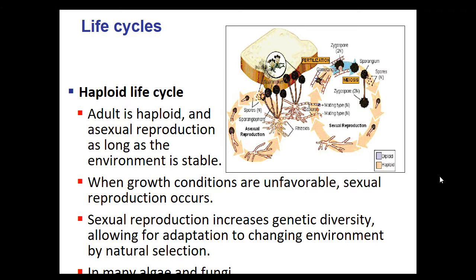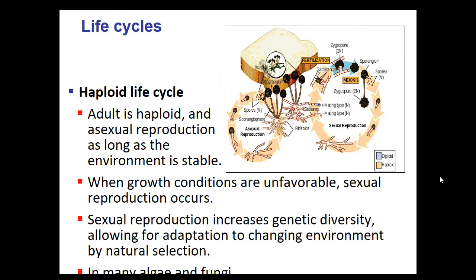But if the environmental conditions change, start to get warmer or colder or drier or wetter, so that it's no longer favorable for that kind of organism, then it might switch to sexual reproduction. Because with sexual reproduction, there'll be a recombining, a combining of genes from the mother and the father, so that the next generation would be different. And that might be good.